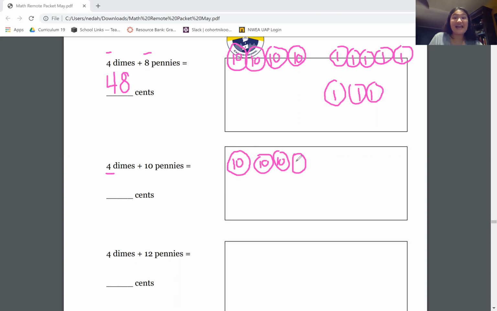Now we have 10 pennies. So help me draw those pennies. Remember, we're going to start a new row because we have a new coin. So we'll draw 1, 2, 3, 4, 5, 6, 7, 8, 9, and 10.